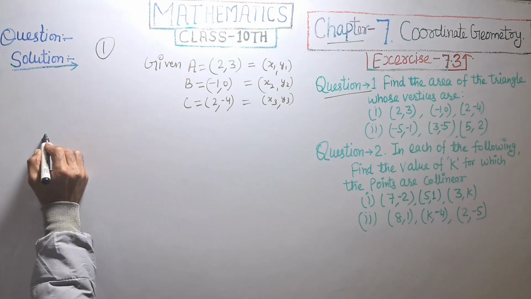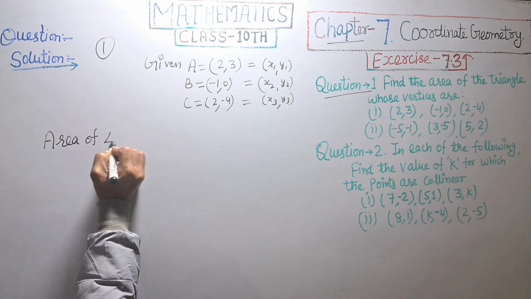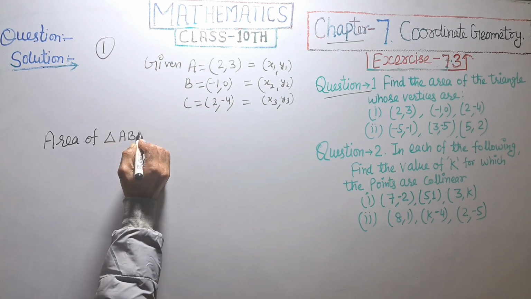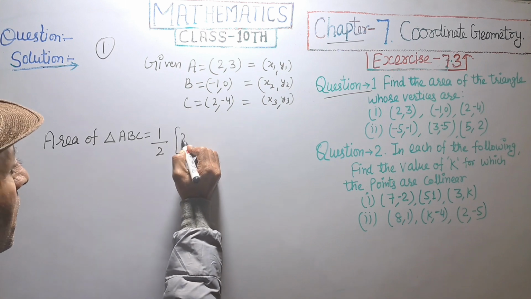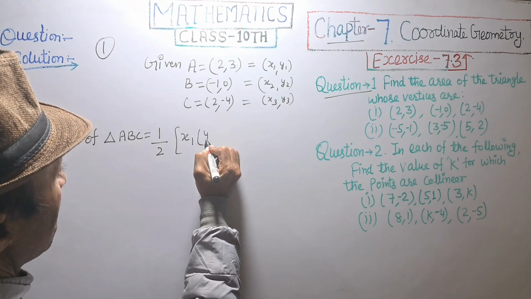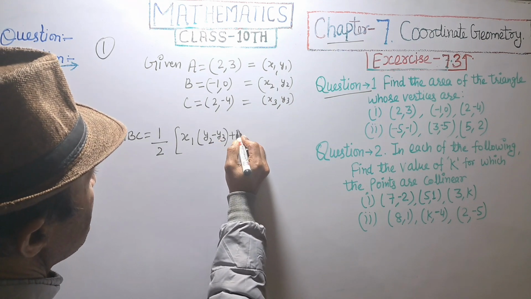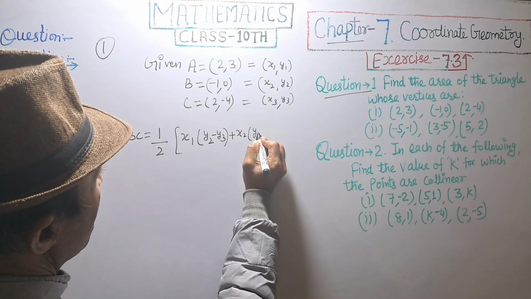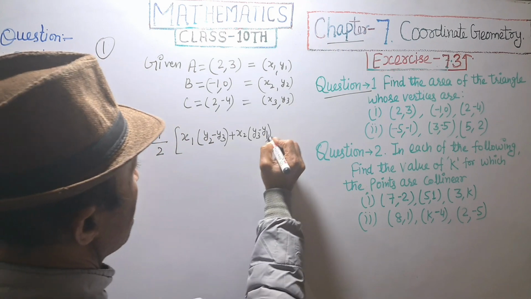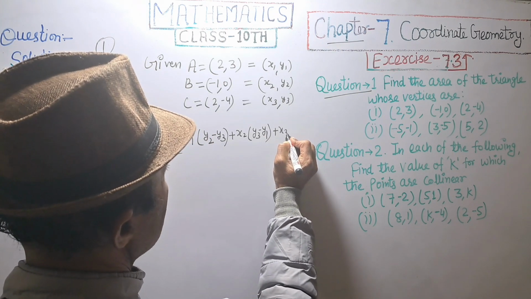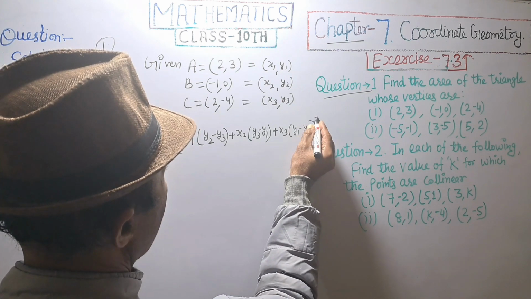Area of triangle ABC is equal to 1/2 [x1 (y2 minus y3) plus x2 (y3 minus y1) plus x3 (y1 minus y2)].